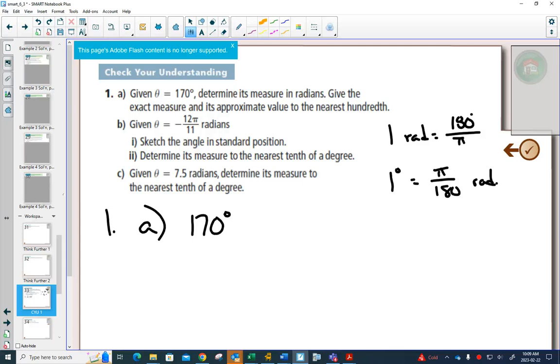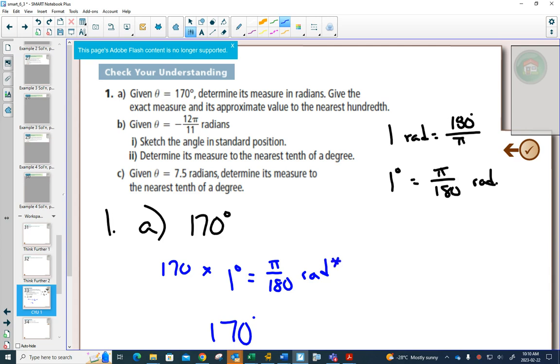And this could be confusing because you can see they're very similar. Okay? One of the things that I sometimes do is I sometimes say, well, of these two formulas, which one would it be easiest to multiply to get 170 degrees? That would be the second formula. So if I started with the second formula here, and I multiplied this side by 170, do you see that you would get 170 degrees on this side?